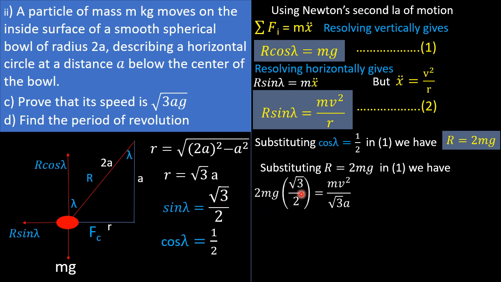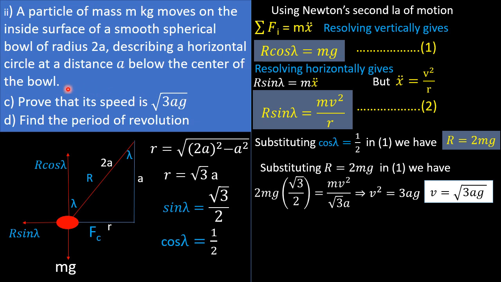Root 3 over 2, equal to mv squared over r. In this case, we got r to be root 3a. So friends, simplifying it gives us v squared to be the same as 3ag. Taking the square root simply gives us v to be the square root of 3ag. Great. As required by the question.